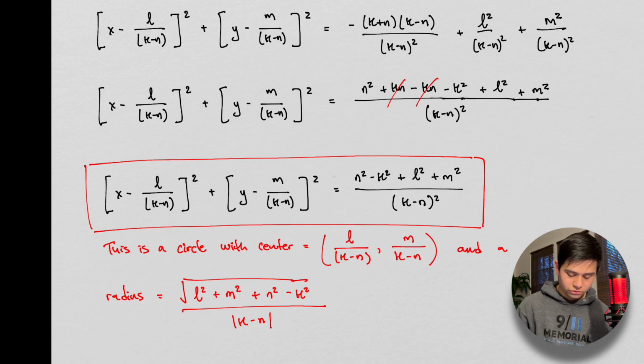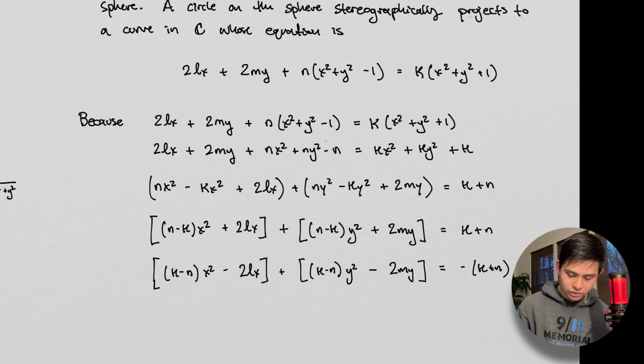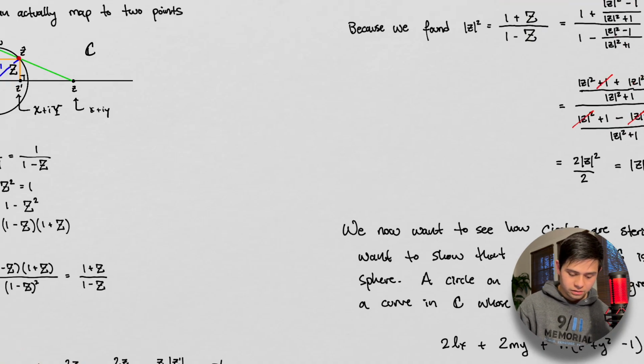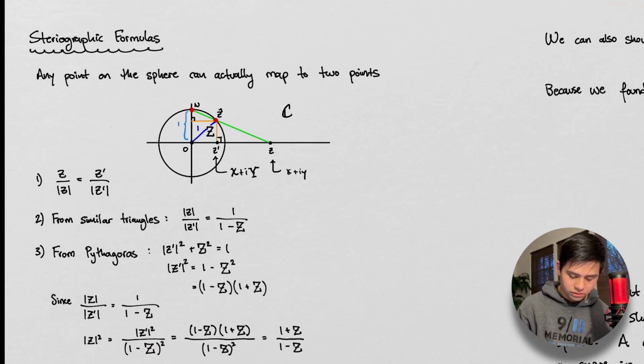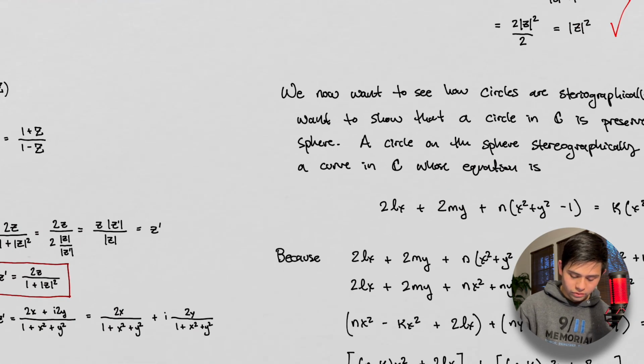This is a circle, so effectively what this means is that this equation is a circle when everything is multiplied out. So this here is a circle in the plane, because x and y are coordinates in that plane of z right here.